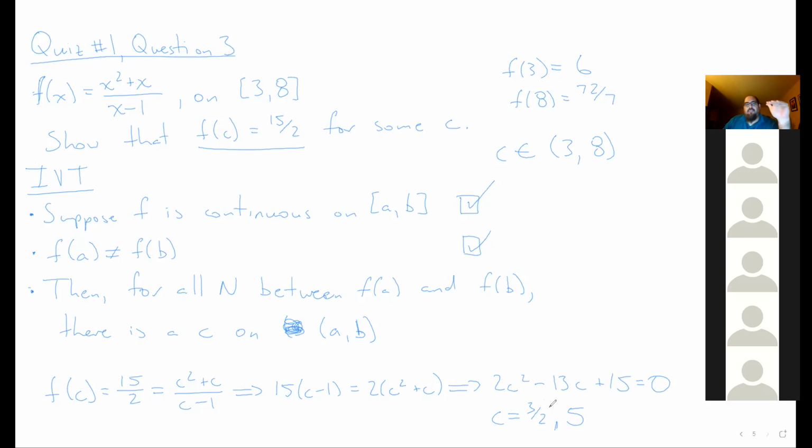The value guaranteed by the theorem is between 3 and 8. So that 3 halves is not guaranteed. It's fine that it exists, but for some other example, you might get things outside of that interval. So 5 is the only one that's guaranteed by the theorem.